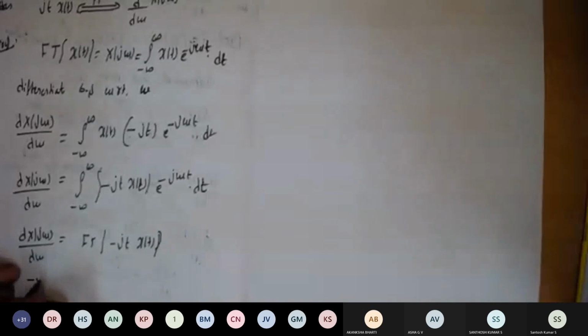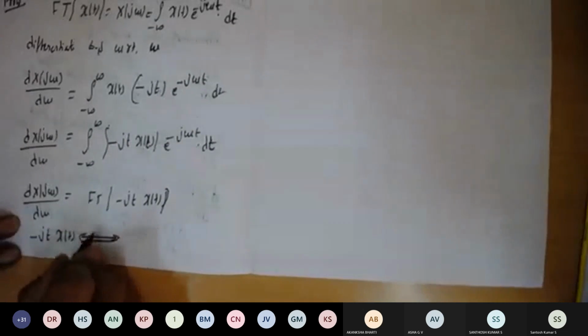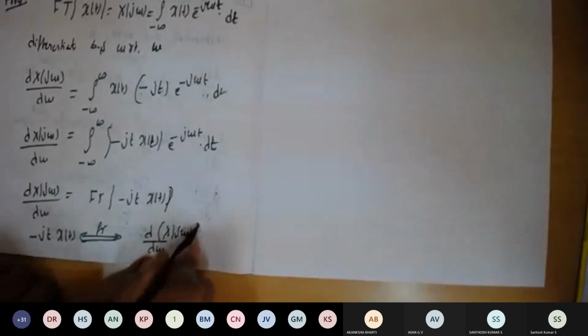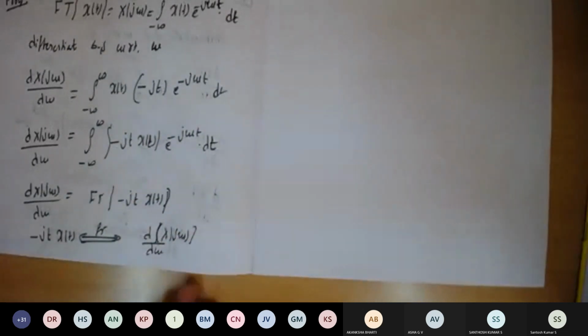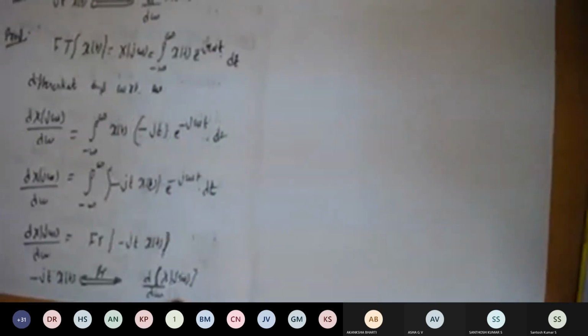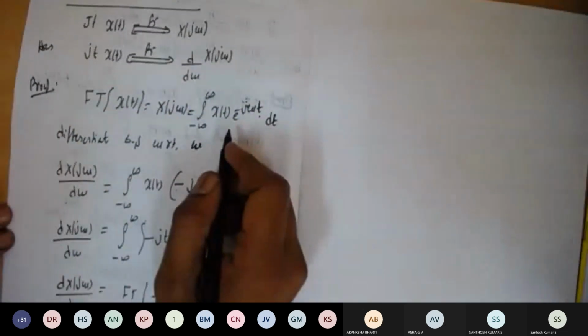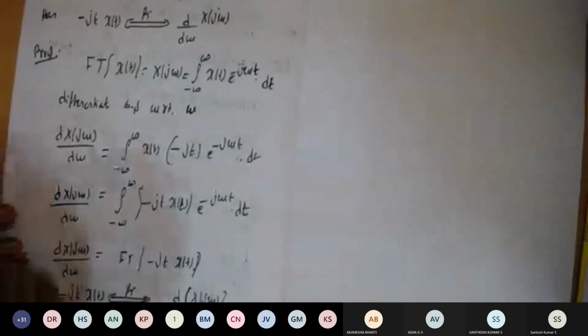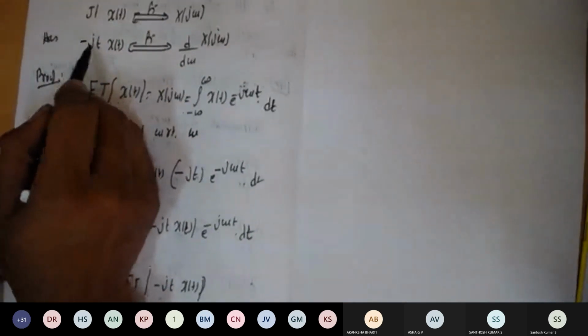Or else we can rewrite it as: if I take the Fourier transform of minus j into t into x of t, it becomes equal to d by d omega of X of j omega. In the statement, a minus has been skipped, so you can add the minus in the statement of the Fourier transform.